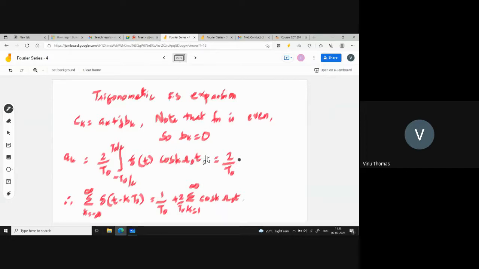So the trigonometric Fourier series can be written as A0 by 2. Again, A0 by 2 would be equal to 1 by T0, because 2 by T0 by 2 is 1 by T0, plus 2 by T0 into sigma over k equal to 1 to infinity cos k omega 0 t. So this is your trigonometric Fourier series expansion.